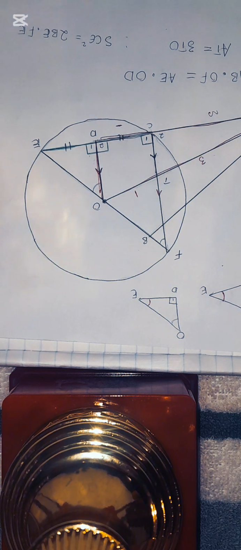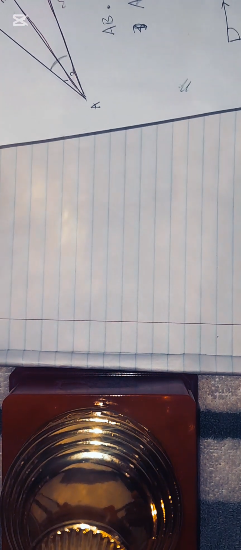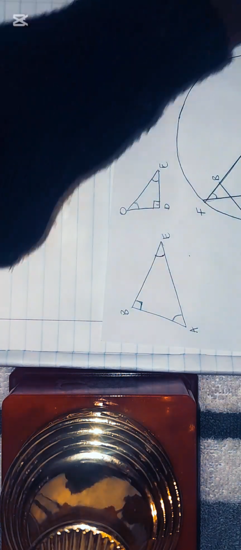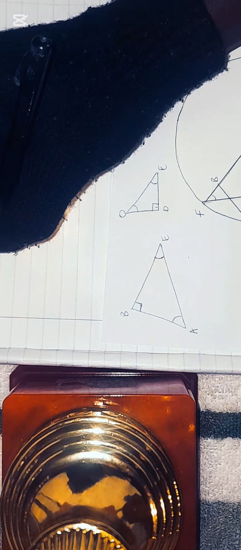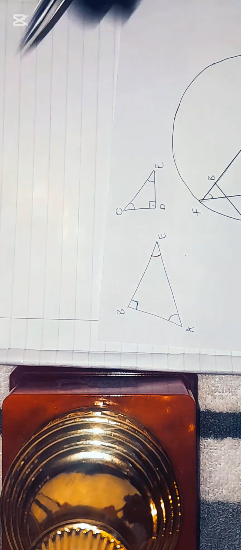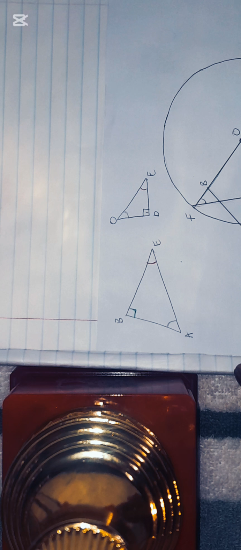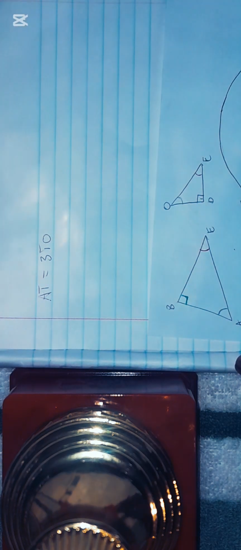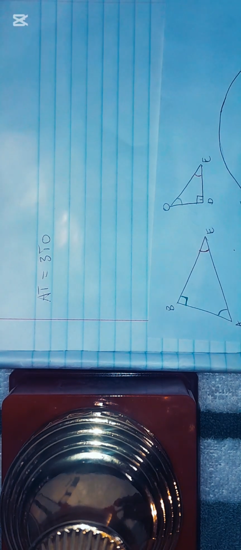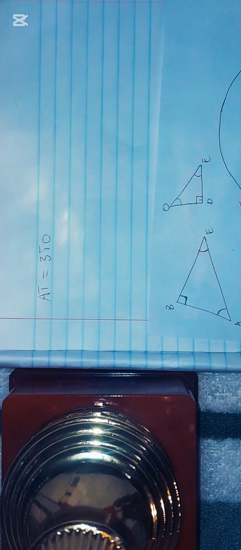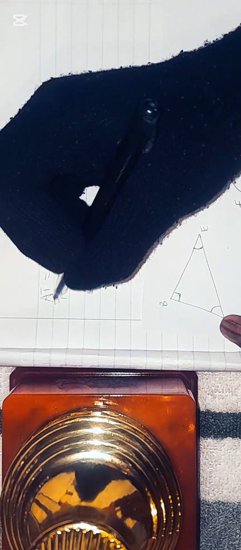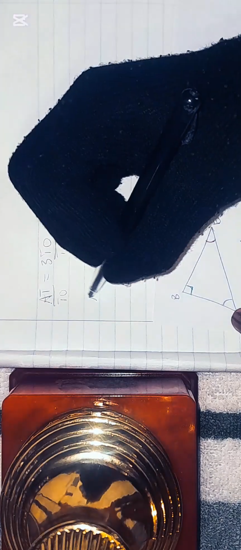Now, since we have done that, let's go back to our question. I said we have AT being equal to 3 times TO. So I'm going to put this in proportion form. This is where I've written it. I'm dividing everything here by TO, both sides, so that I'm left with AT.